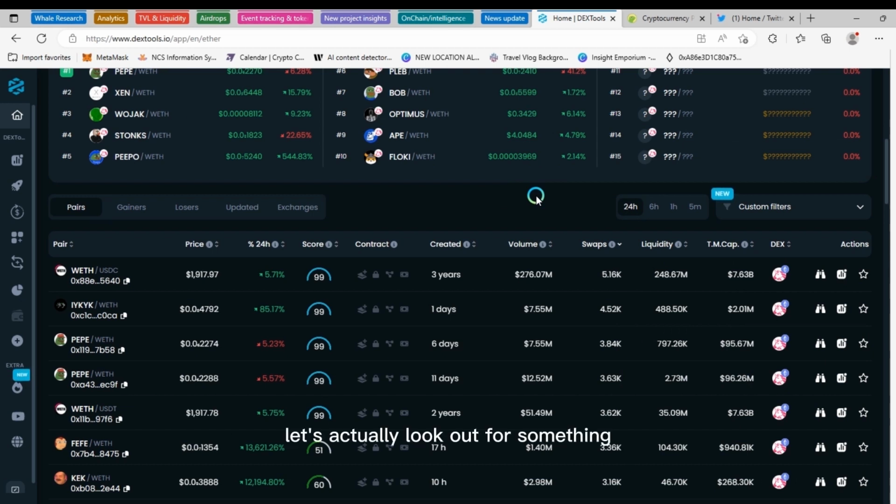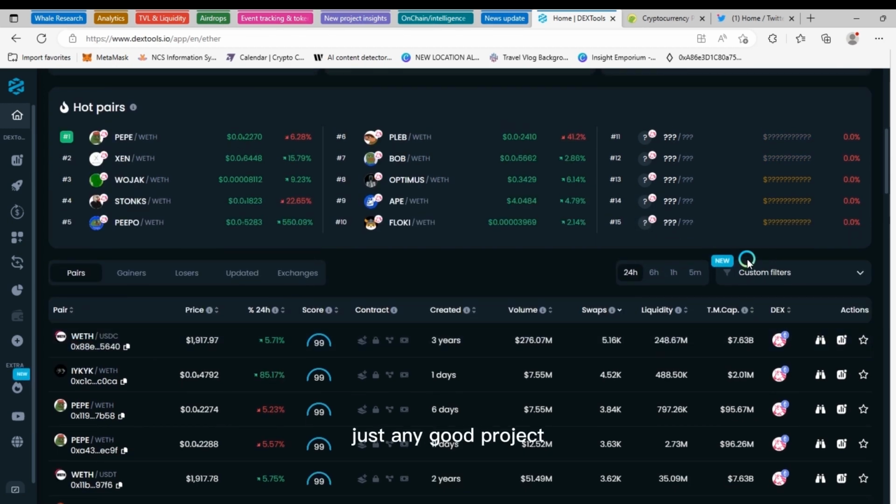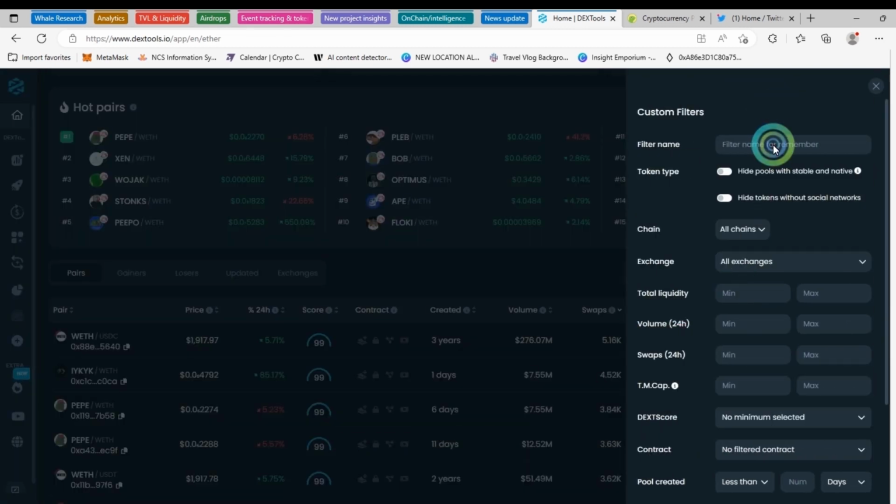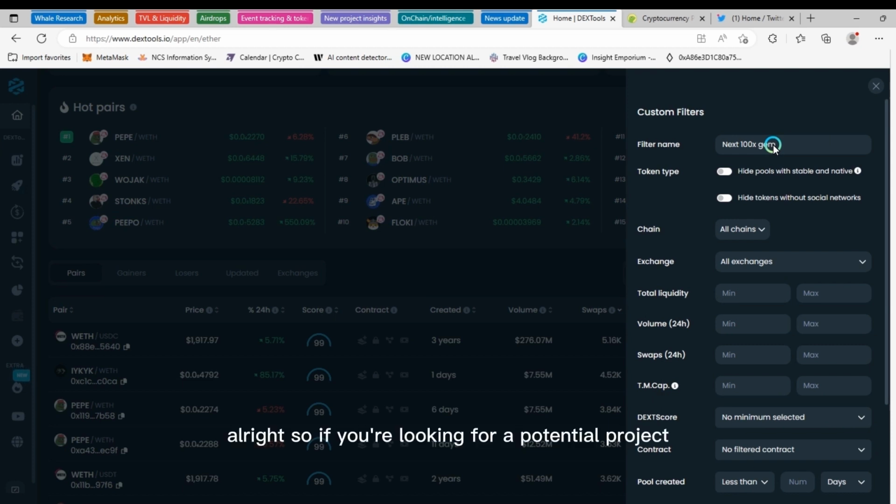let's actually look out for something. So I want to search for a project, okay, any good project. So let me create this filter and call it next 100x gem. All right, so if you're looking for a potential project that should do 100x, or let's even call it 10x.